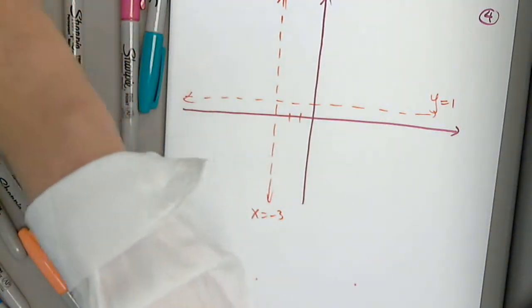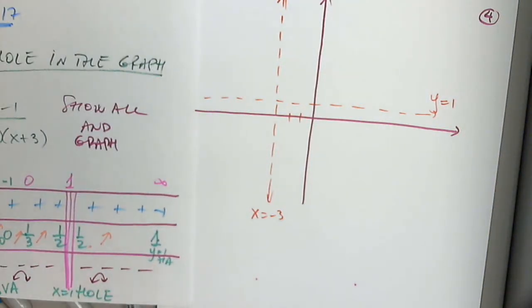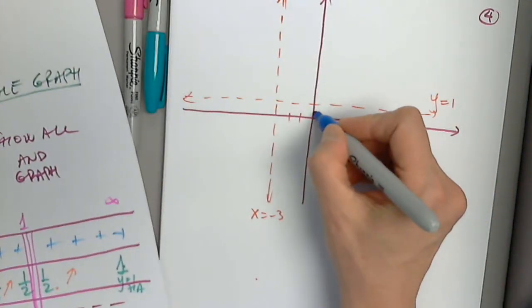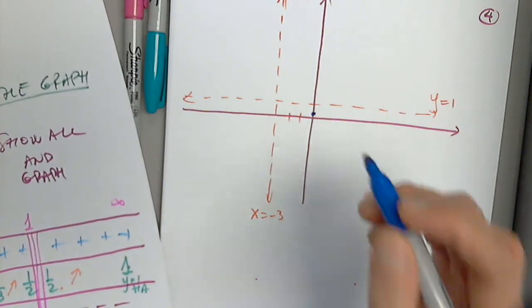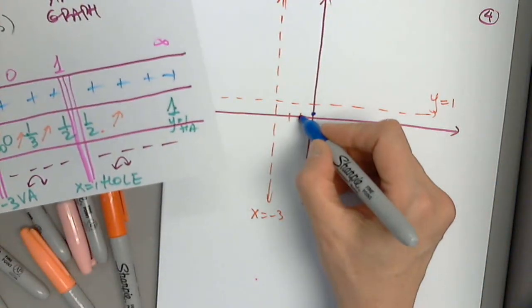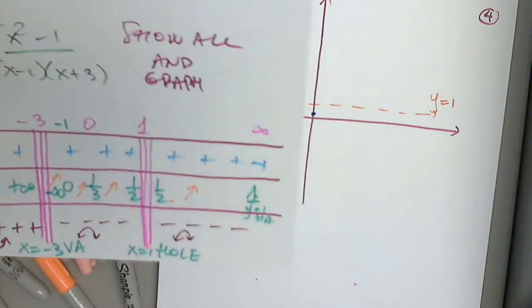Then I will plot the points I have. I have 0, 1/3, kind of difficult. I have negative 1, 0. And I have 1, 1/2.